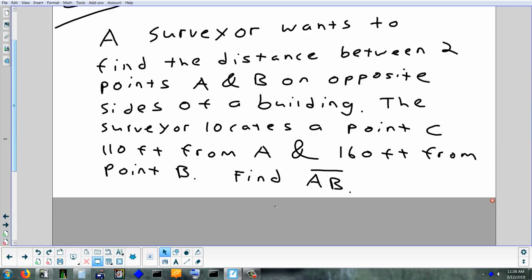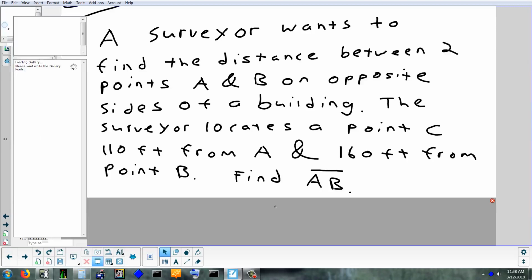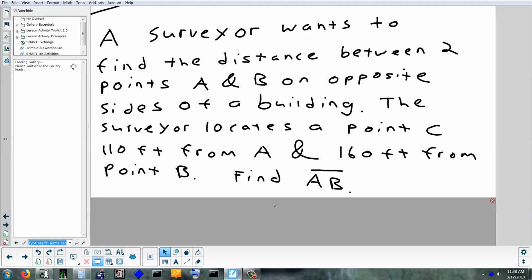So we want to find the distance between both sides, from point A to point B. Now, maybe you can't measure between the two houses directly, because maybe there's a canyon, or maybe there's a river. So we're trying to find the distance across something that we just can't take a tape measure and measure easily. All right?